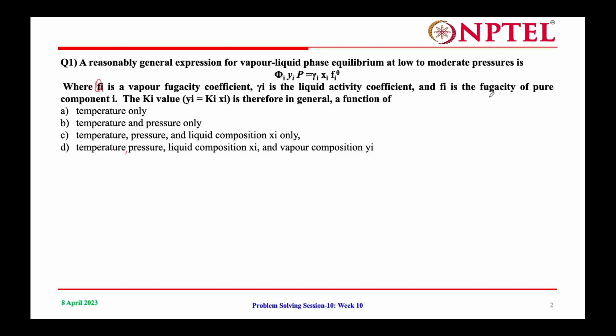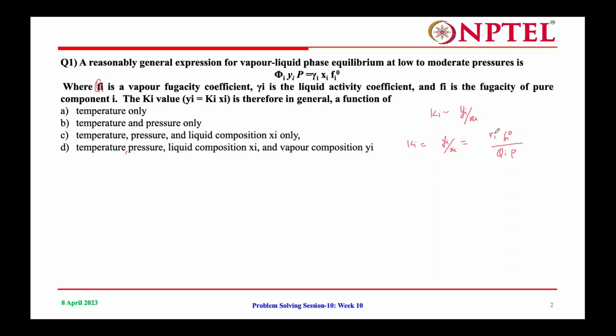So, K_i is a vapor-liquid distribution ratio, y_i over x_i, right? K_i equals gamma_i and phi_i and P, right?